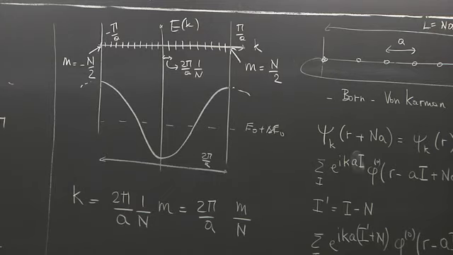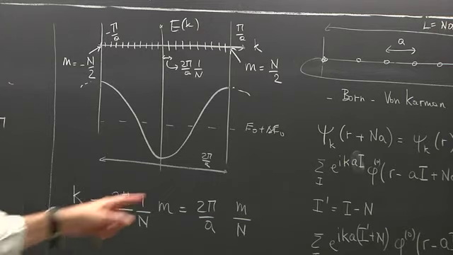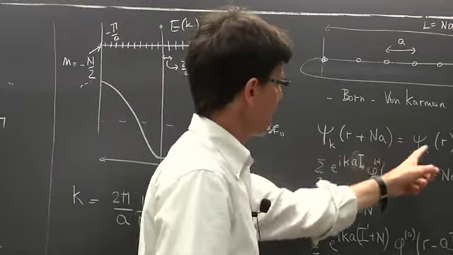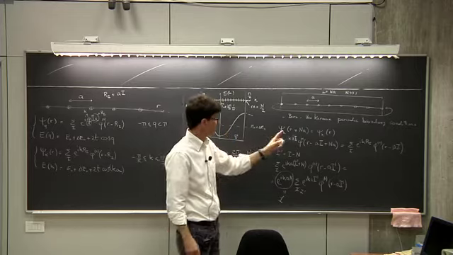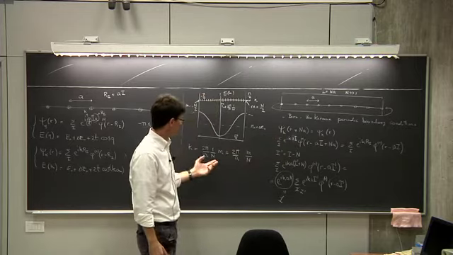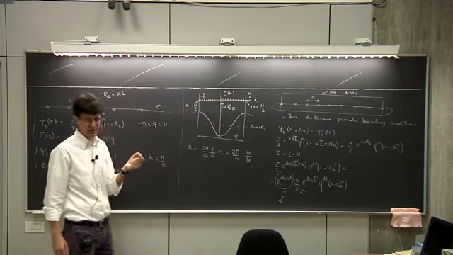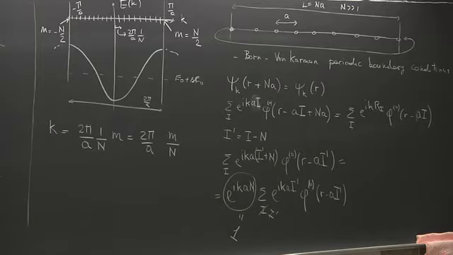All right, so what I've done, by imposing these artificial periodic boundary conditions, is essentially force k to take discrete values. Not all of them, but discrete values.